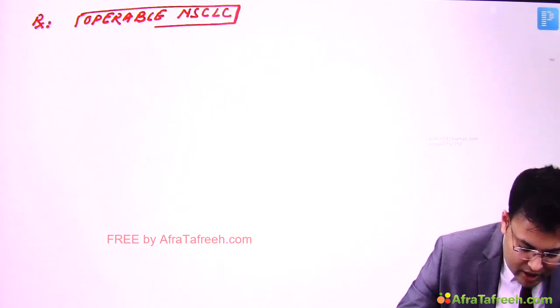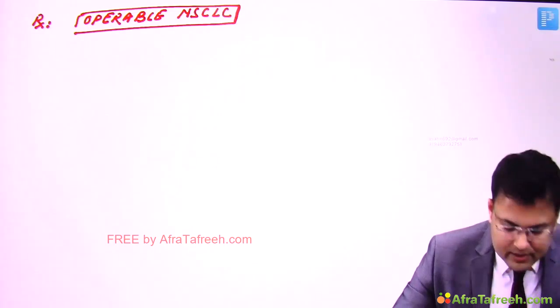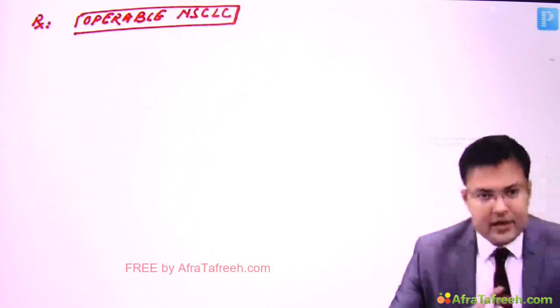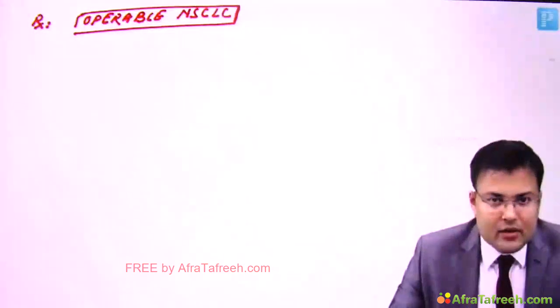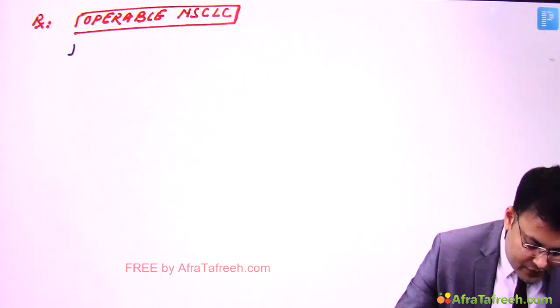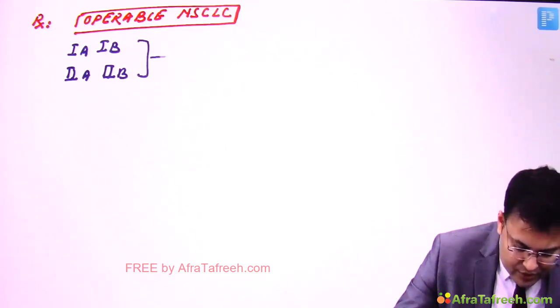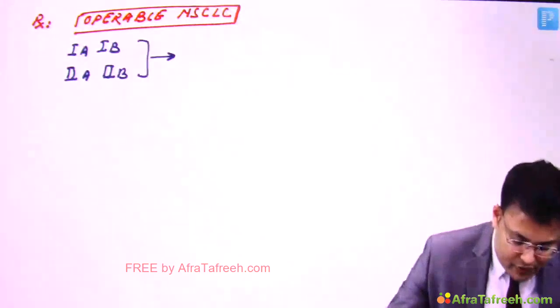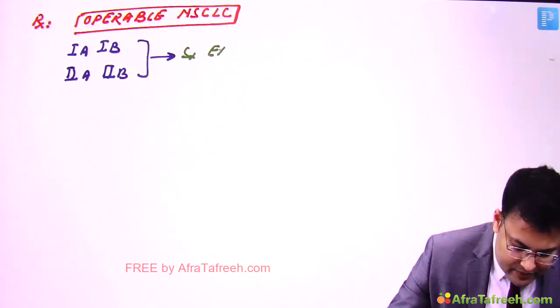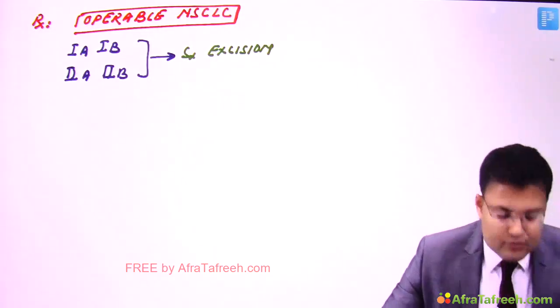Since it is operable, in most of these, surgery will be done. If the stage is 1A, 1B, 2A, 2B, in these cases we go for surgical excision of the tumor.